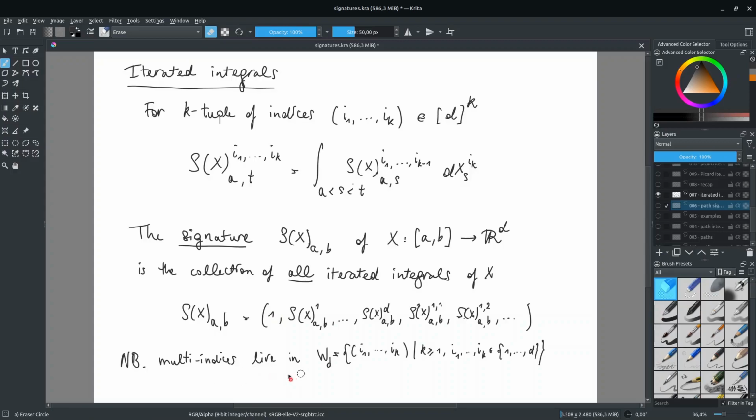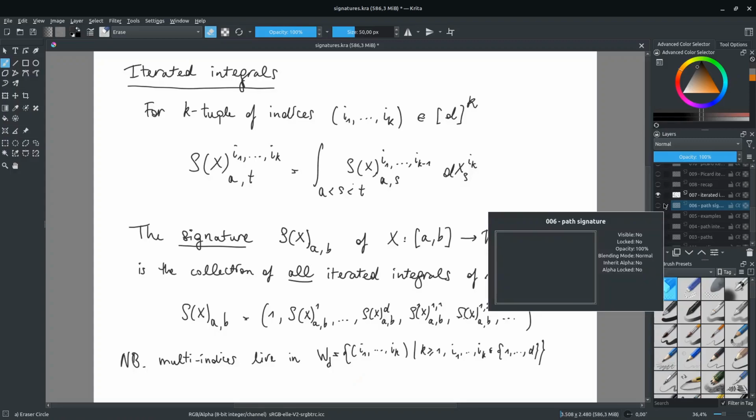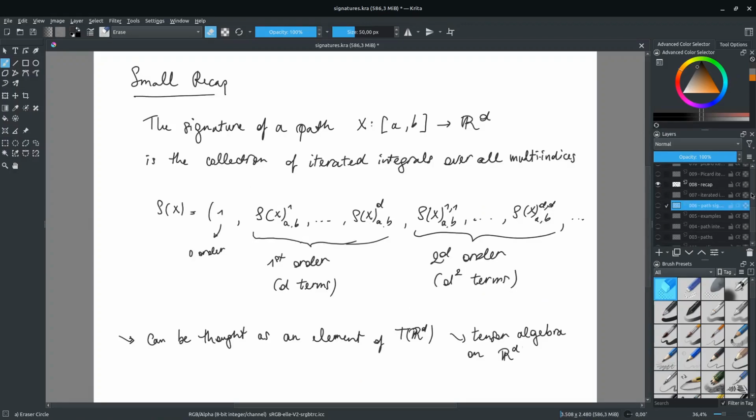Notice that, it will come later, but these multi-indices, the set of all of these, I'll call W_d, where d is the dimension, the number of indices I get. W for the set of words, of course. Okay, so a small recap.